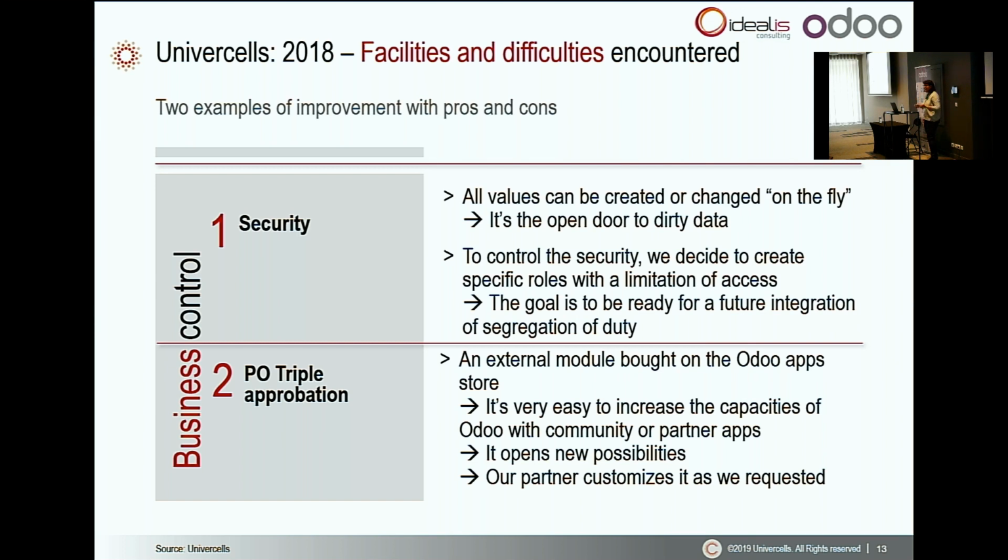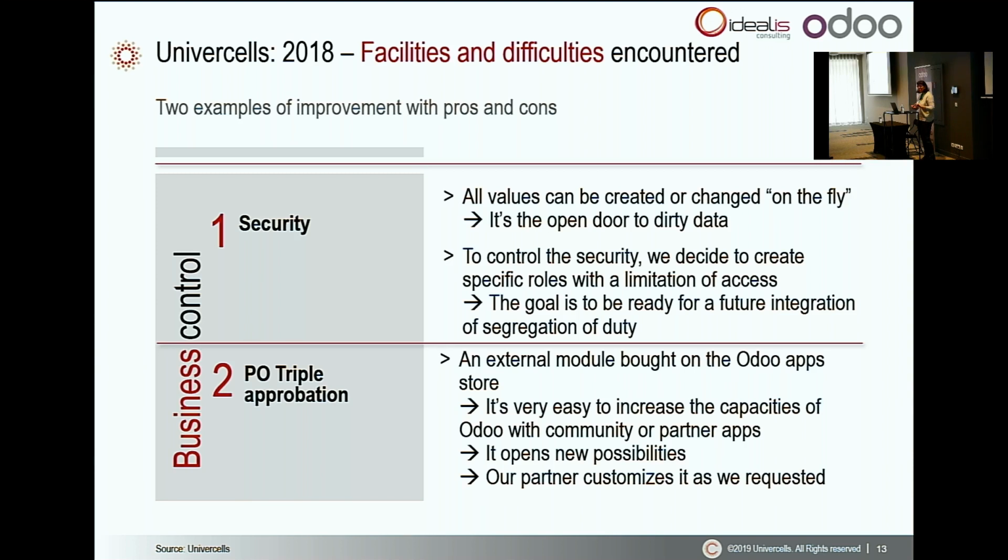So we put in place a security to lock the access to these small features. And it's really difficult in Odoo to do that, because it's very technical and it's piece by piece that you need to lock. So it's one thing that is difficult to manage: the security.